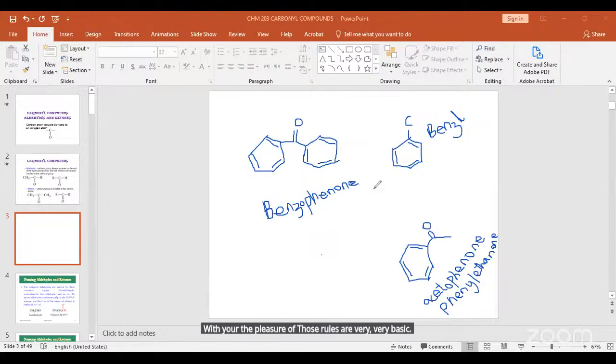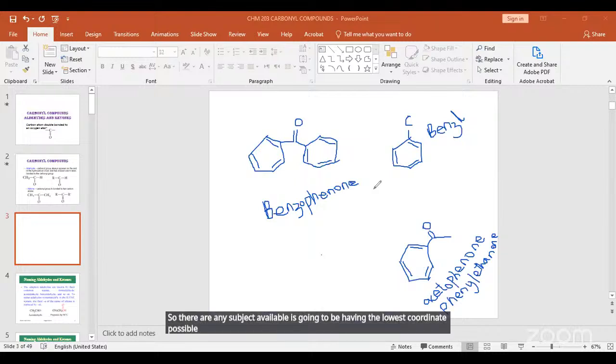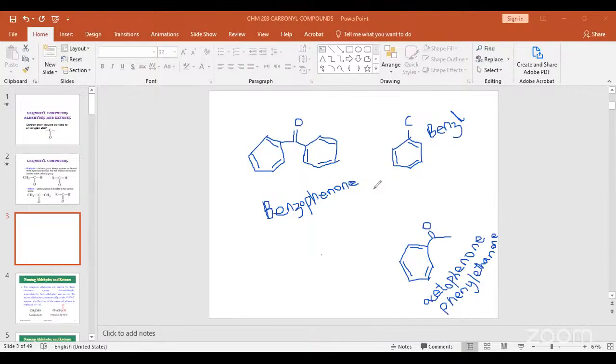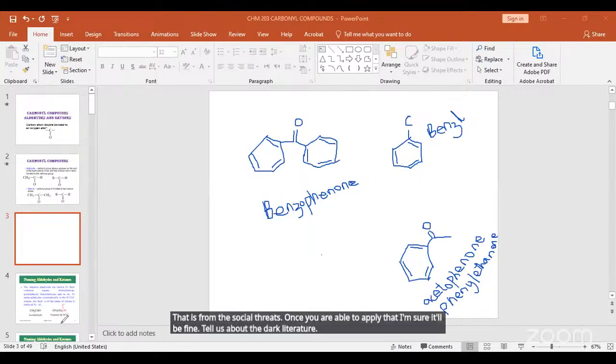You must understand the rules, identify the functional group, and number your carbon chain or your ring so that any substituent available has the lowest coordinate possible. Then you name the compound based on the identified functional group, starting from the substituents, the parent carbon chain, and the functional group that you have identified. Once you're able to apply that, I'm sure you'll be fine. That's about the nomenclature. Moving on.